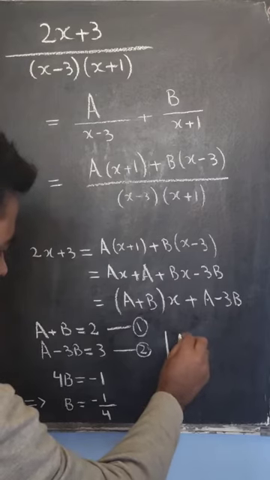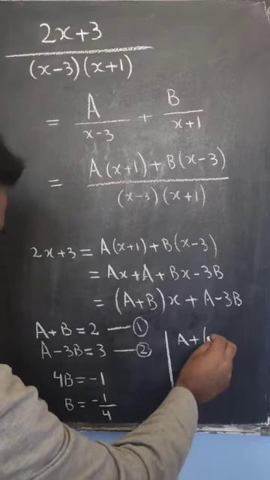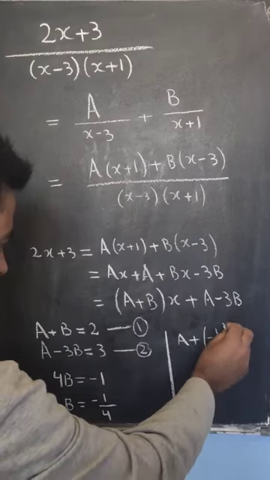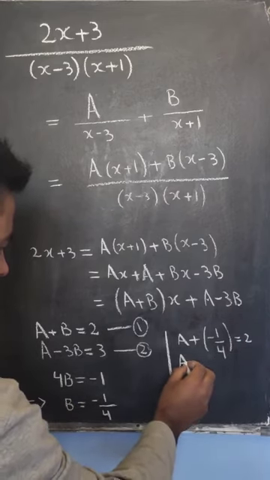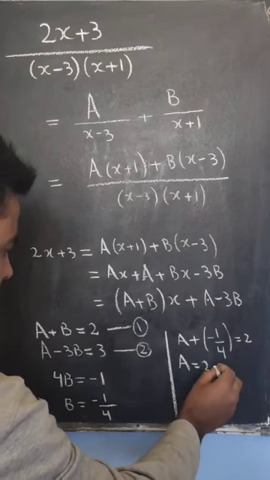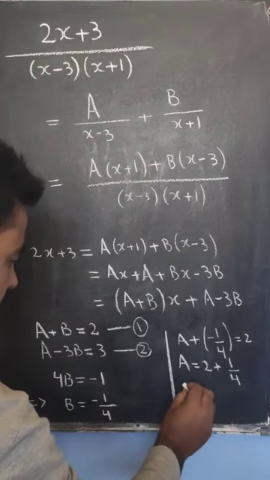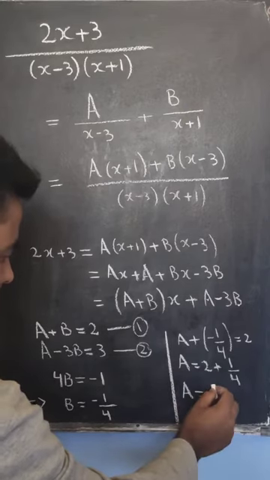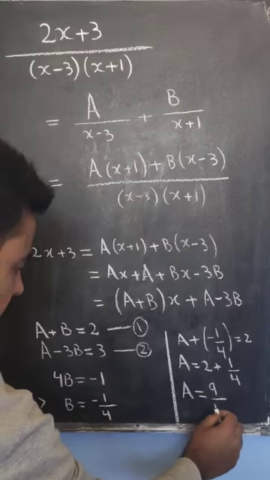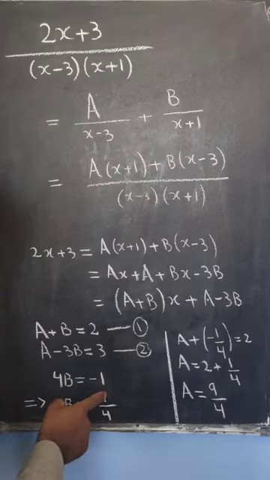We get A plus, instead of B we have minus 1 by 4, is equal to 2, or A is equal to 2 plus 1 by 4, or we can write A is equal to, 4 2s are 8, 8 plus 1 is 9, it is 9 by 4. Thus we get value of A as 9 by 4 and value of B as minus 1 by 4.